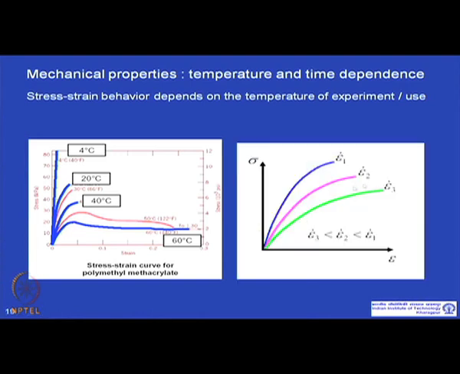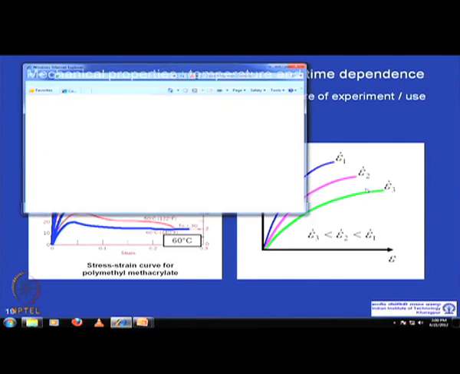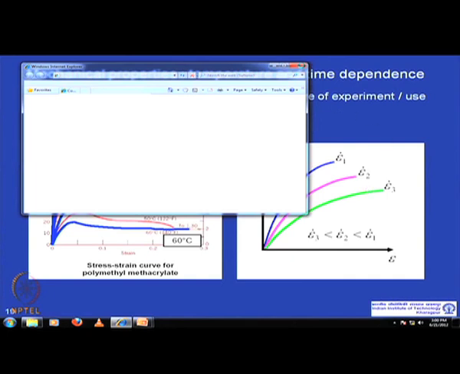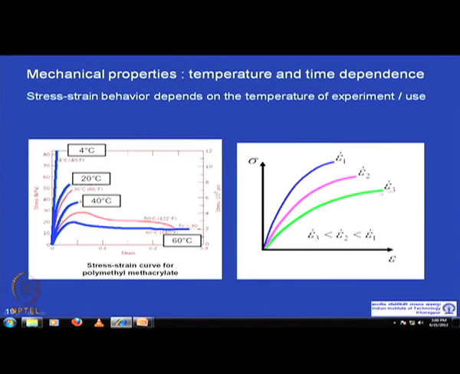Similarly, if you change the strain rate, the dl by l value, how fast you are applying the strain, the deformation will change the stress strain behavior.